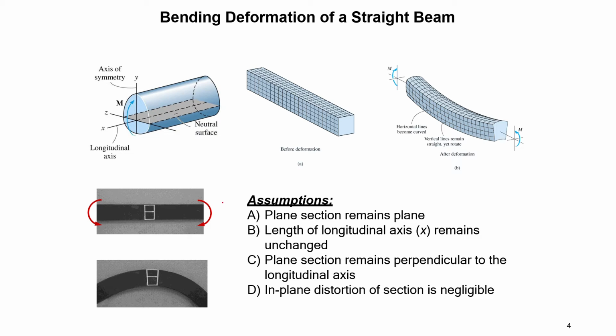In this neutral axis or neutral plane, when you bend it, you will see what happens. The neutral axis doesn't change. What I mean is it doesn't elongate or compress. So that means there's no actual deformation in that neutral plane.